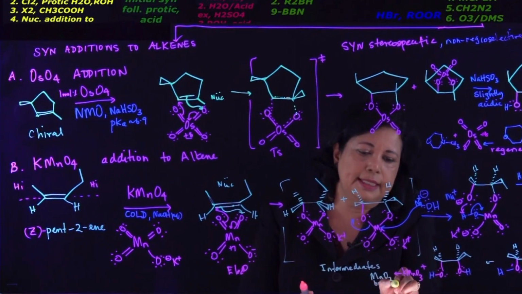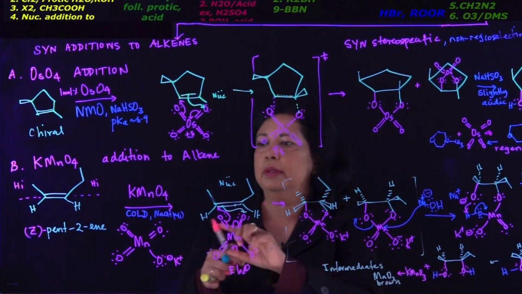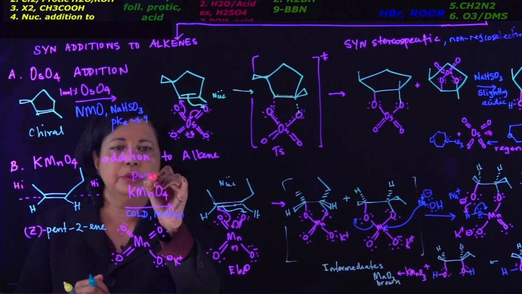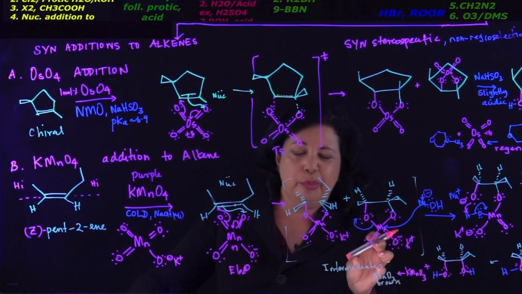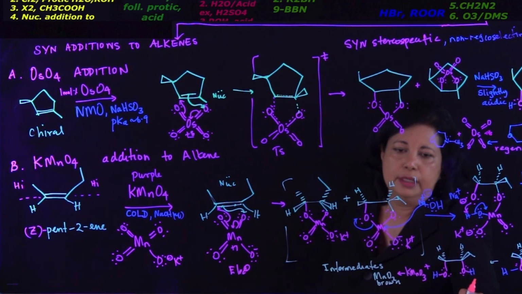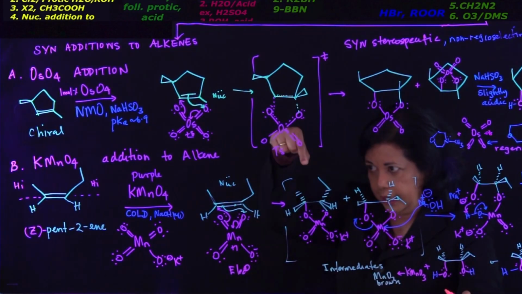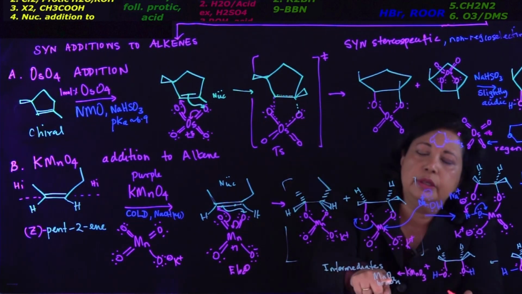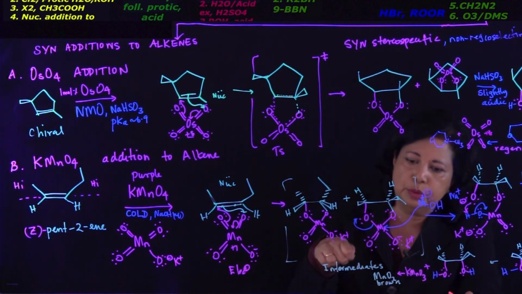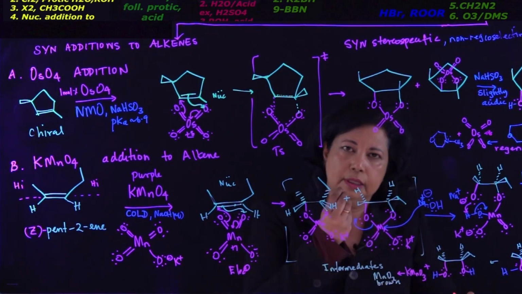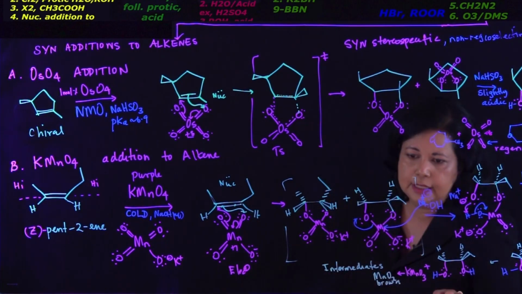So that's the test. A nice, beautiful purple KMnO4 goes to like a brown mixture at the bottom. And this happens instantly. As soon as you keep adding the KMnO4, it's going to go down and you swirl it a bit. It's going to turn a brown color. Then you know that's the test.